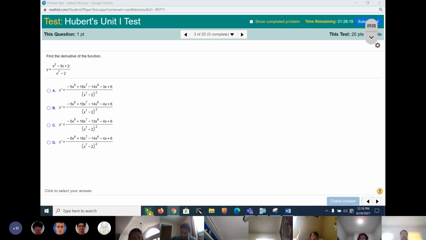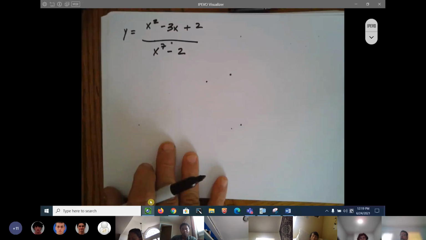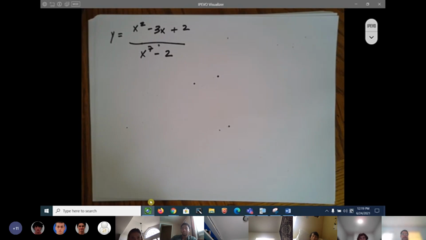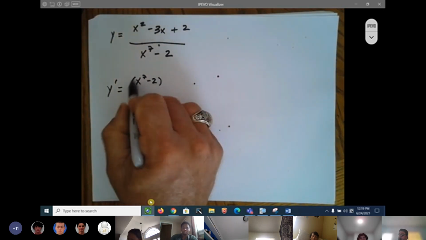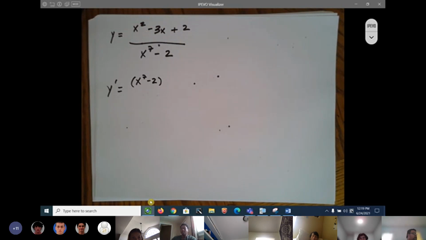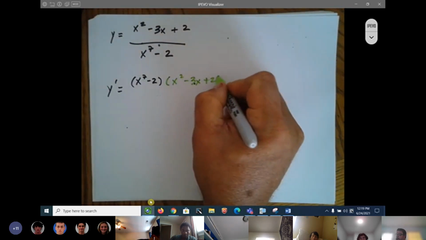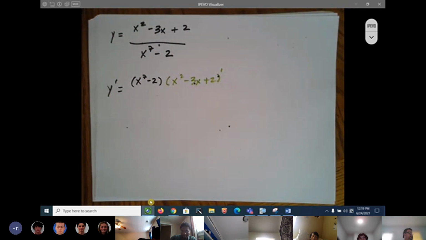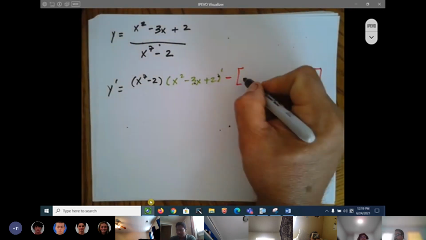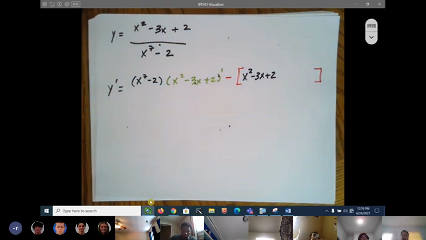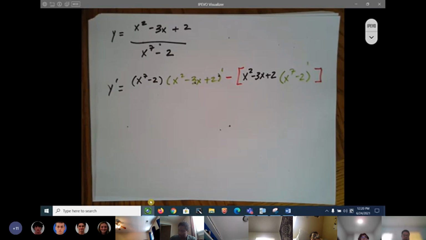Okay, so quotient rule says y prime is equal to the denominator times the numerator prime, minus the numerator times the denominator prime, all over the denominator squared.